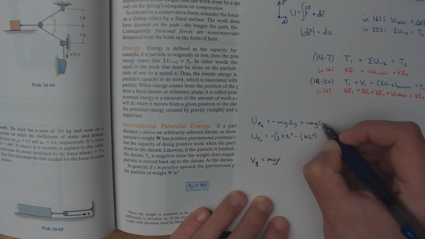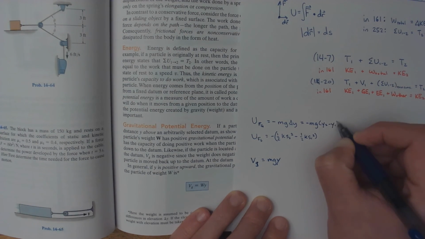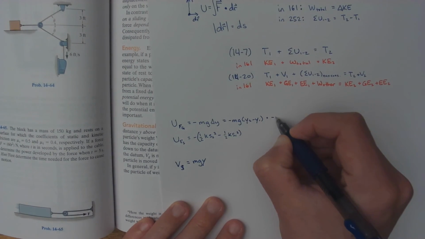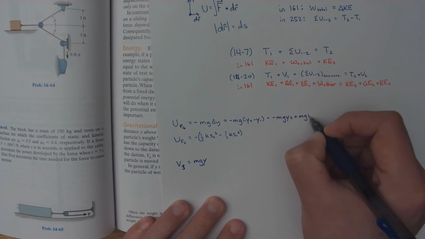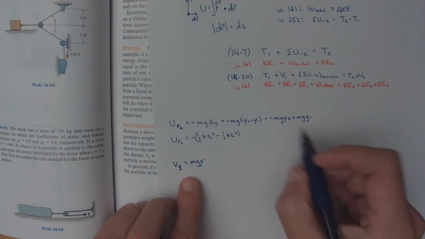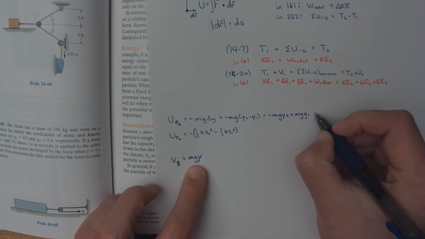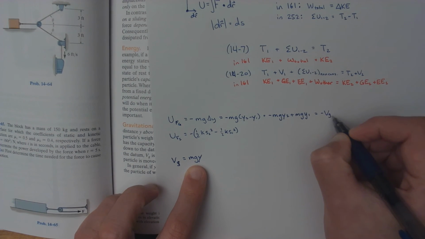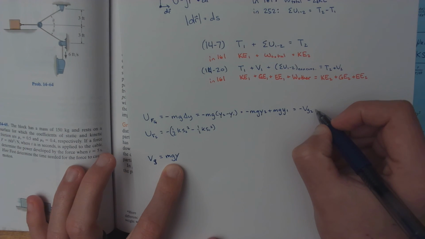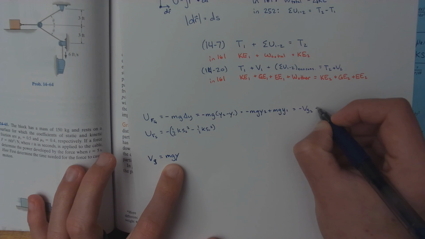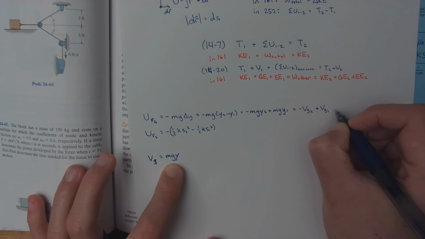Delta y is y2 minus y1, so that's minus mg y2 plus mg y1, and mg y2 would be the gravitational potential energy at 2, and then that would be plus Vg1.